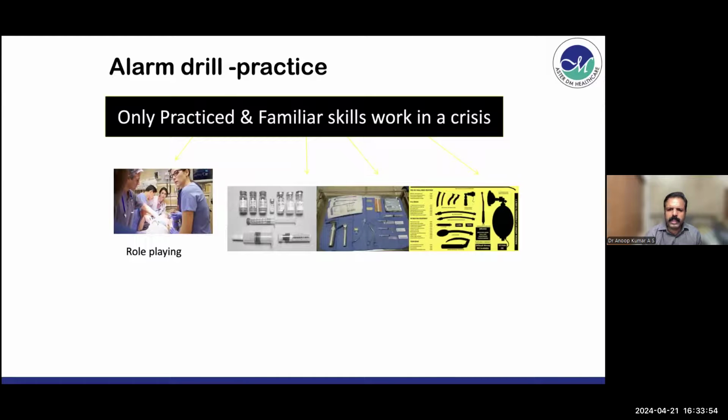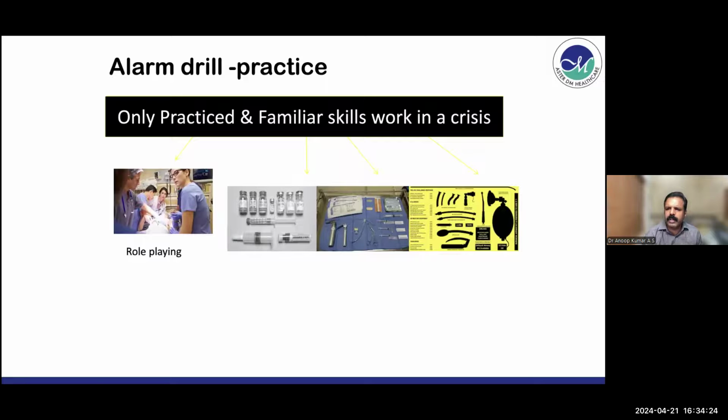And there should be role playing, where you can make a scenario like the one I've already described. You can see how your nurses react to that, and by the time you are changing the tube, how the others are helping. What about the running nurse, the airway nurse, the medication nurse, etc.? You can place them in different positions, then go through the proposed scenario and see how they act.